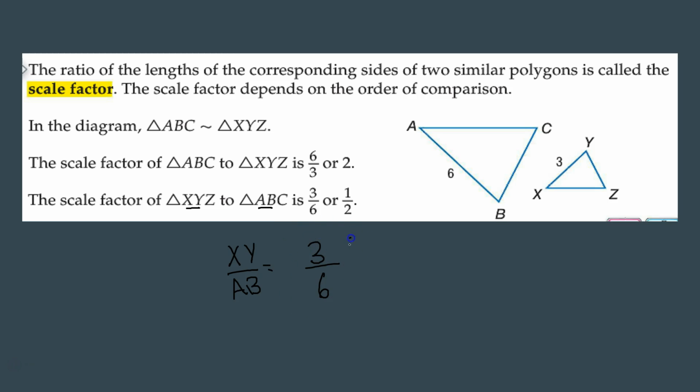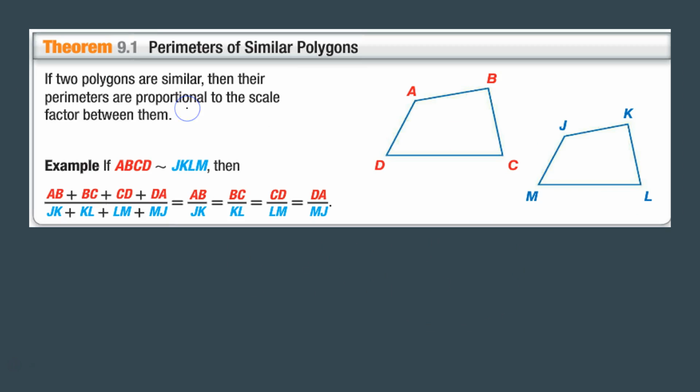They can both be divided by 3. So 3 divided by 3 is 1, and 6 divided by 3 is 2. So our scale factor, when we're going from our smaller similar polygon to our bigger similar polygon, is a scale factor of 1/2.